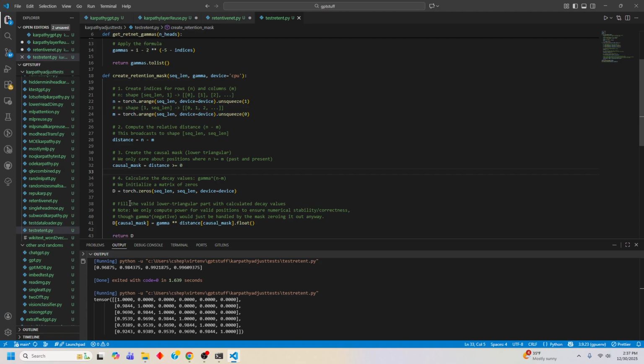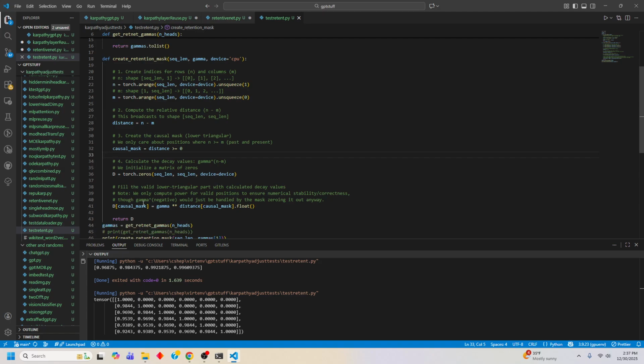And then you do the causal mask. So you make a bunch of zeros. This D matrix starts off as zeros. The causal mask will set these to 0, keep these at 0, and these numbers will be the gamma to the power of distance, as long as distance is positive, of course.